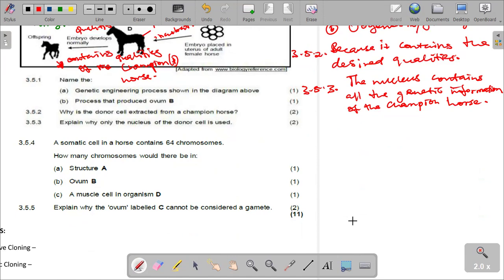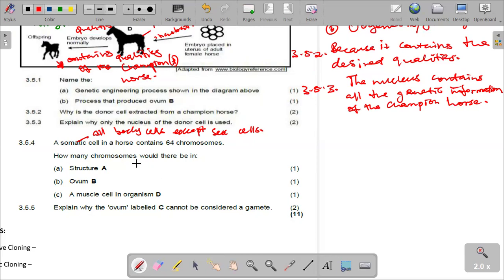A somatic cell is all body cells except sex cells. That is what you call a somatic cell. So we are saying it contains 64 chromosomes.